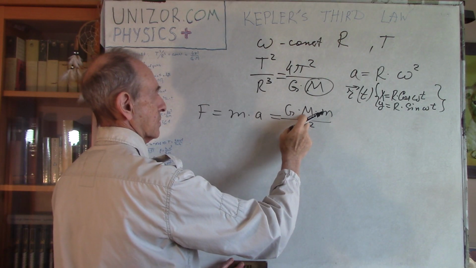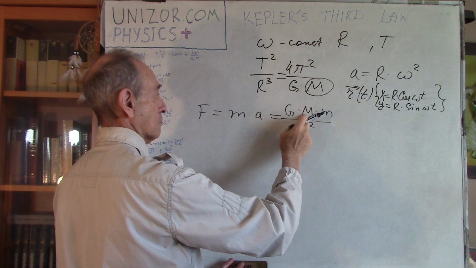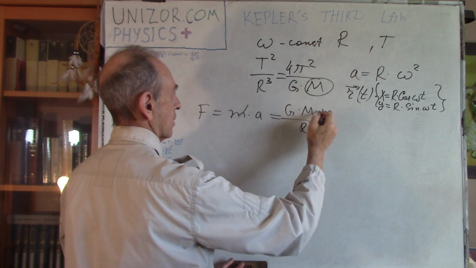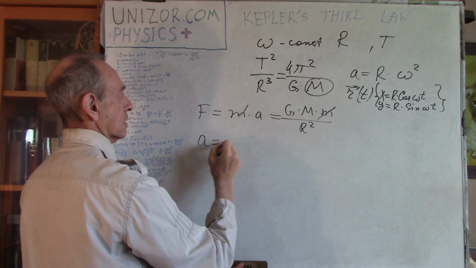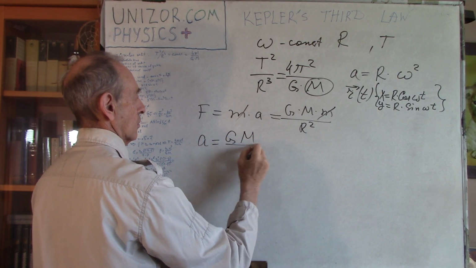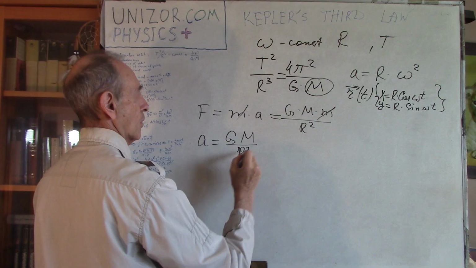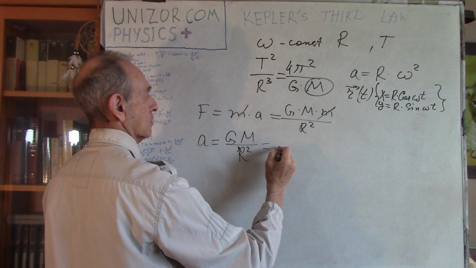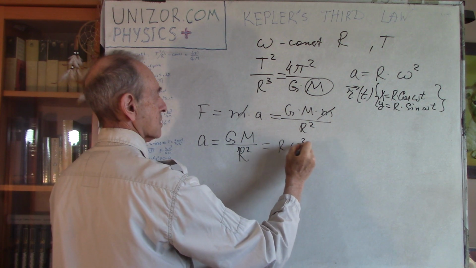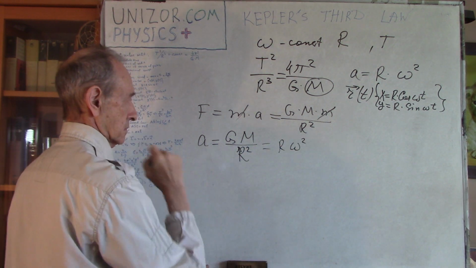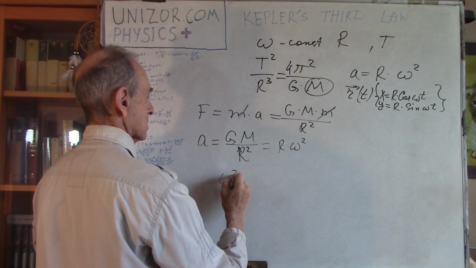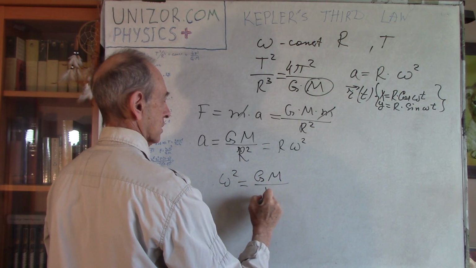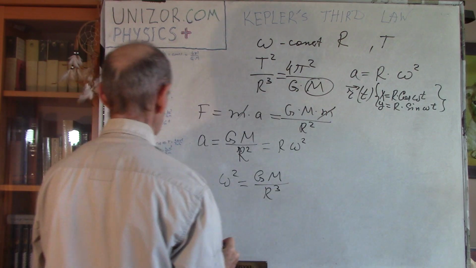So this M is the mass of the central source of gravitation, the mass of the sun, and this m is the mass of the planet. From here I can obviously do this, so A is equal to G M divided by r squared on one hand. On the other hand, it's equal to r omega squared. So omega squared is equal to G M divided by r cubed, right?